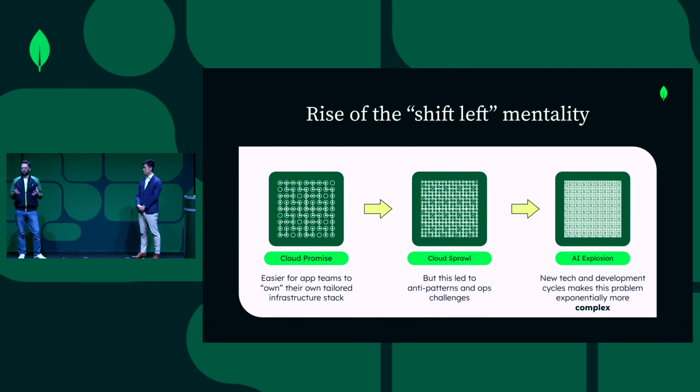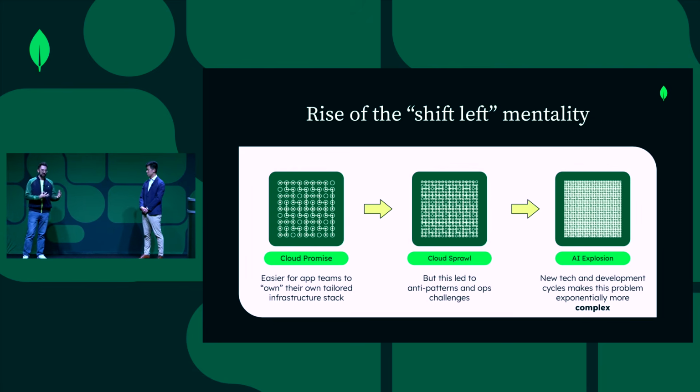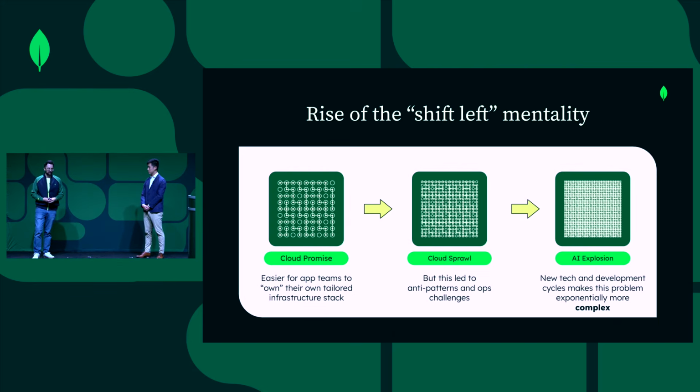The promise was that developers can spin up their own things, manage their own things, and take that load off, just be a little bit more autonomous, a little bit more self-serving. But there was a bit of a double-edged sword with that, and many enterprises have realized that promise, but there were also a lot of organizations, I'm sure many of you in the audience today, experiencing this cloud sprawl where there were anti-patterns that emerged from developers doing their own thing, a lot of operational challenges that emerged.